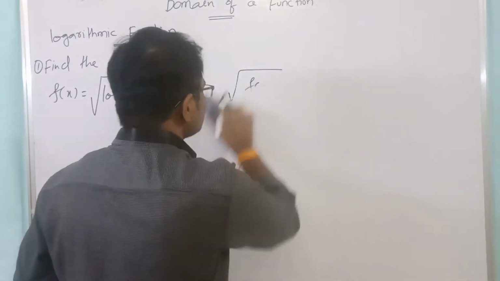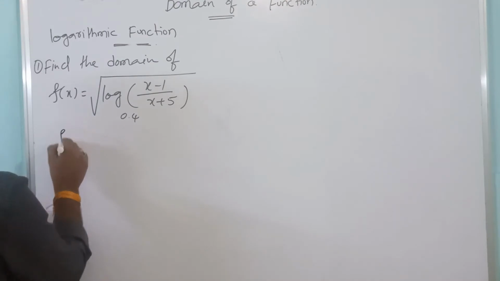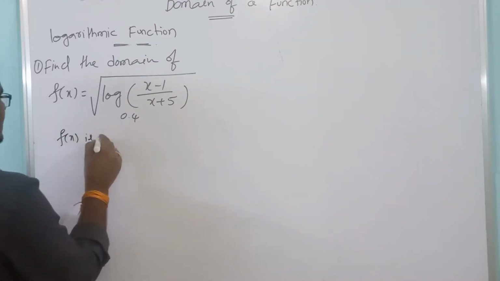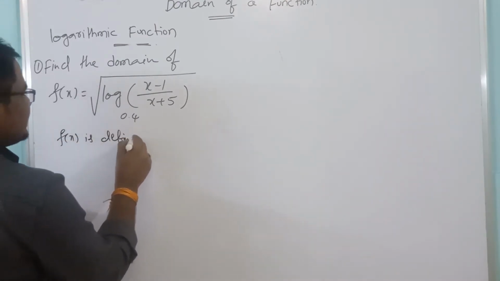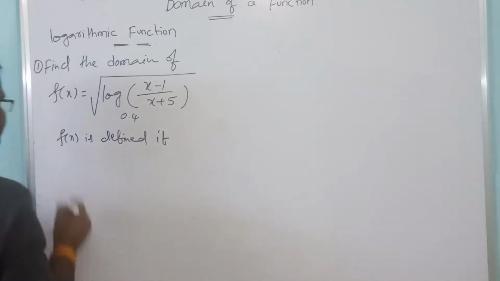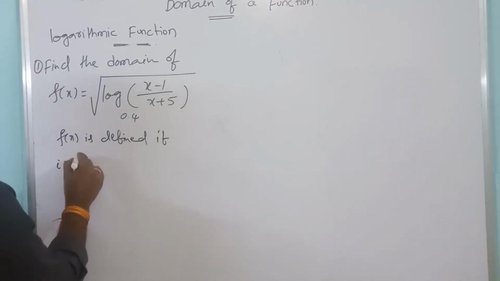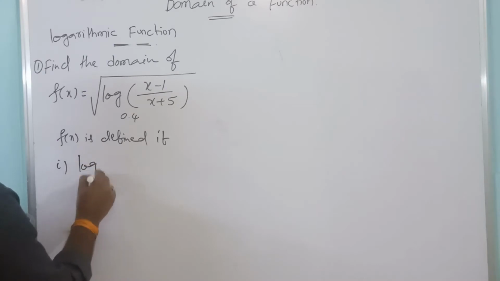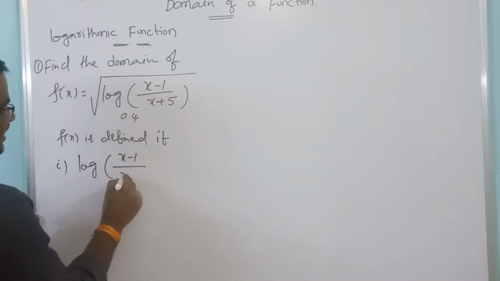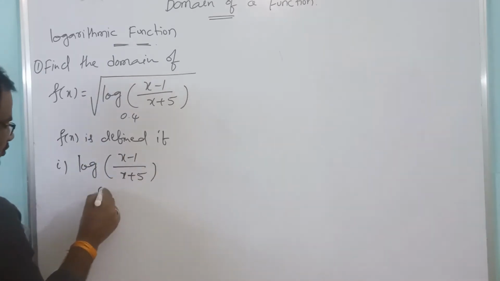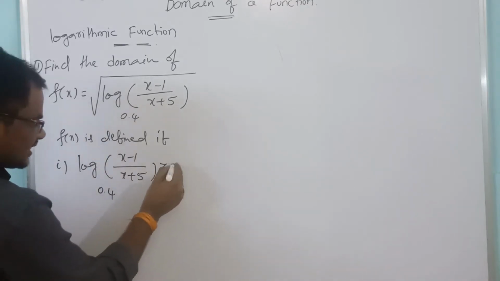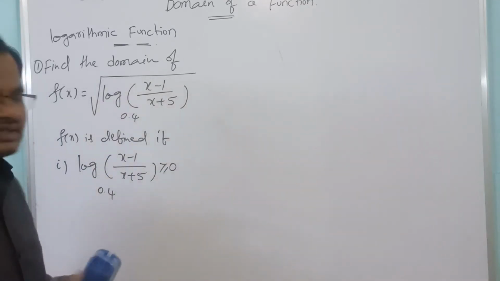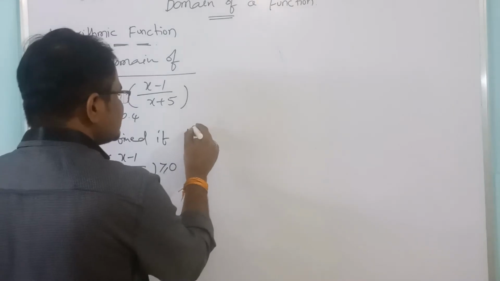Now this function f of x is defined if, first, the value under the root, that is log of (x minus 1) by (x plus 5) to the base 0.4, is greater than or equal to 0. This is the first condition. And what is the second condition?